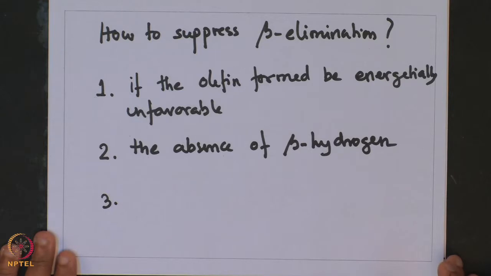Now, if one were to look back at the 4-member transition state that we had drawn earlier for the beta hydrogen elimination reaction, it may be noticed that the beta hydrogen was interacting with the metal as a result of the metal undergoing an increase in coordination number.